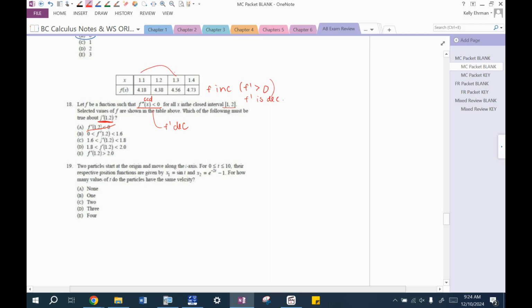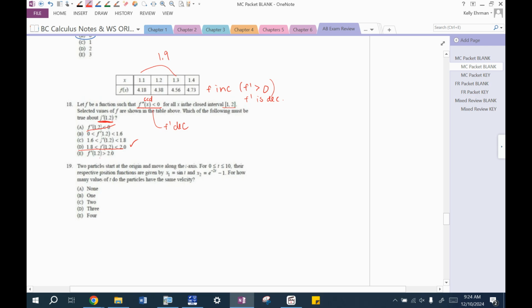So the average rate of change here is, what did that just come out to? 1.9. So that's telling me that f prime is, do I know it's between 1.8 and 2.0? That fits that. All this extra stuff that I found, though, didn't really help me with the other stuff. So I think that's got to be it.